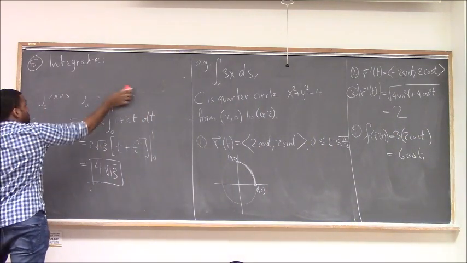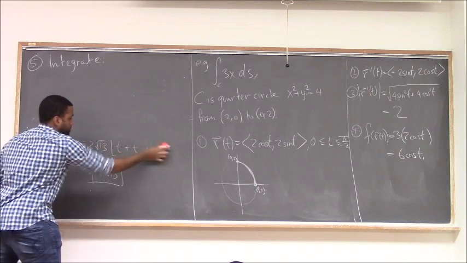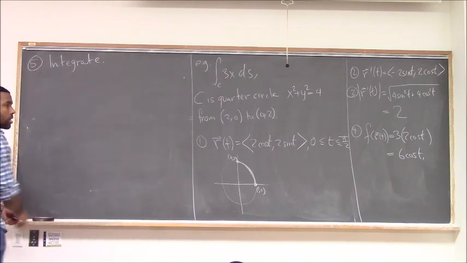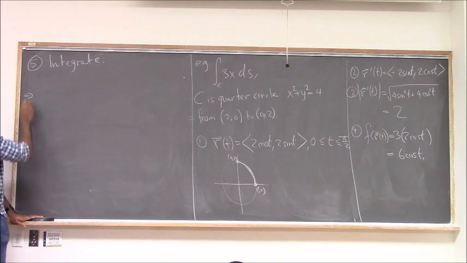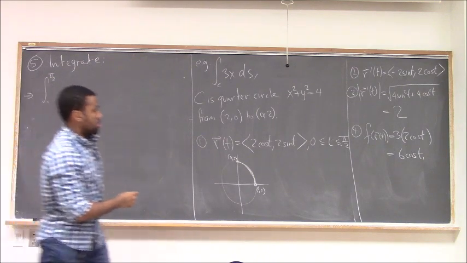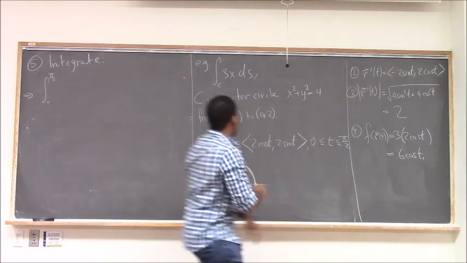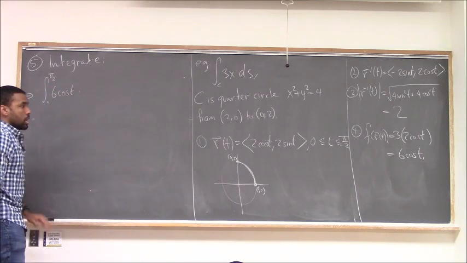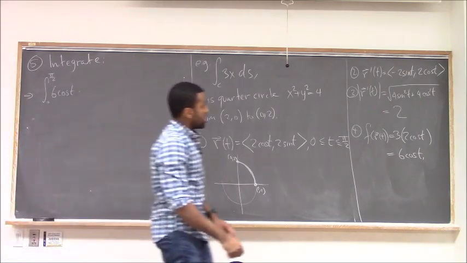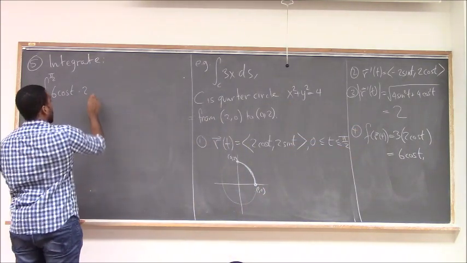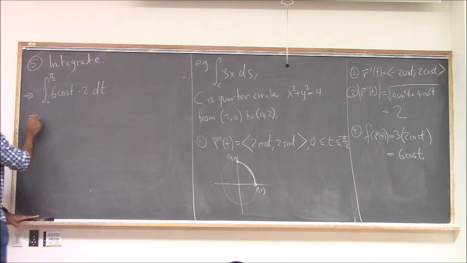So now we reach the fifth step. Now our integral is going to be from 0 to pi over 2 of our function 6 cosine t times the magnitude of r prime, which is 2, dt.